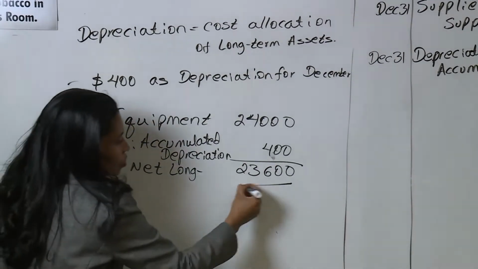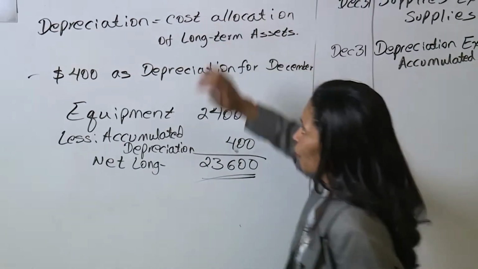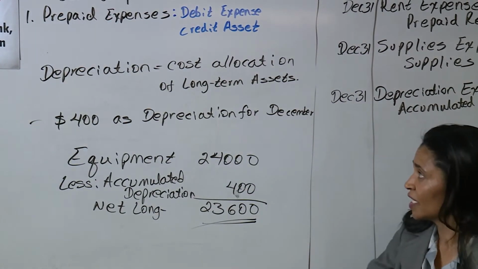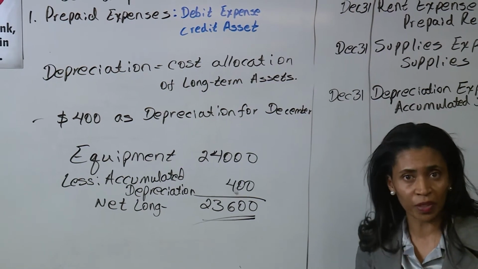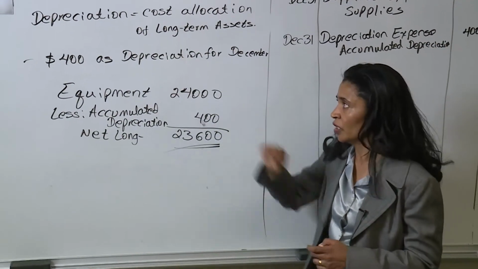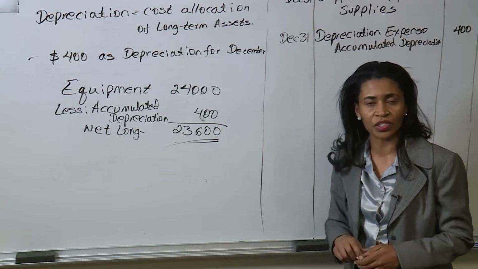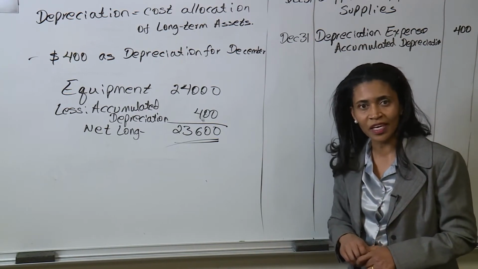So the effect is going to be the same, except we use a separate account. This is all about prepaid expenses, how to adjust prepaid expense. Remember, it's the same way for prepaid rent, prepaid insurance, supplies, and a bit different but same logic for long-term assets too. In our next discussion, we'll talk about the other remaining accounts, and I'll see you next time.